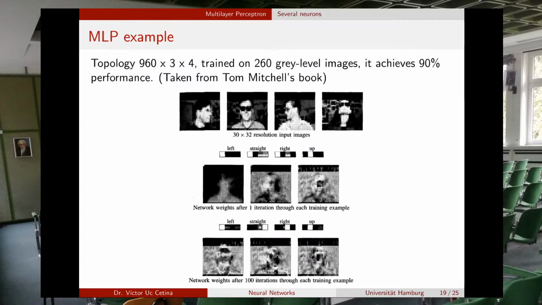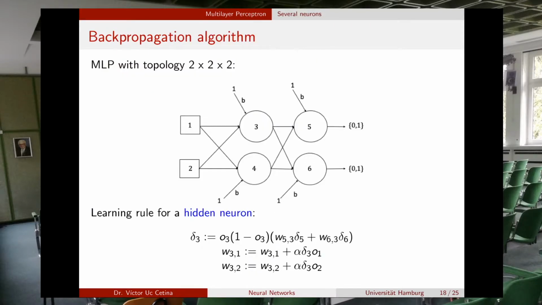I would also like to comment that in this example I was talking about classification. So we needed this activation function to provide an output between 0 and 1 because we wanted to do classification. But if you want to do regression, you can also do that. Suppose that you want to predict 2 values here, and these values could take any number.